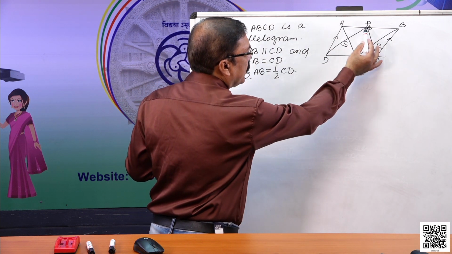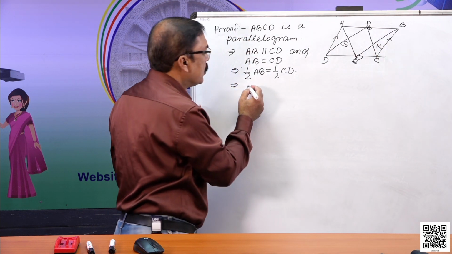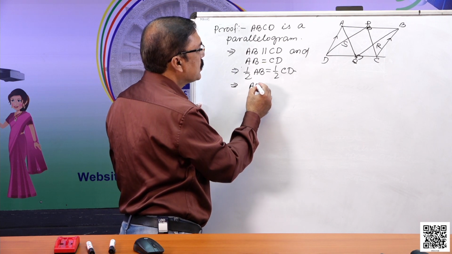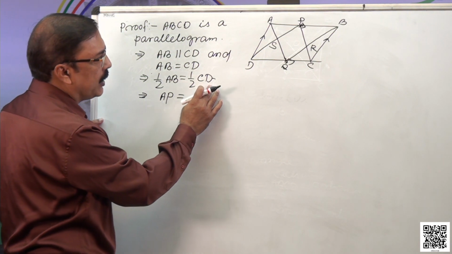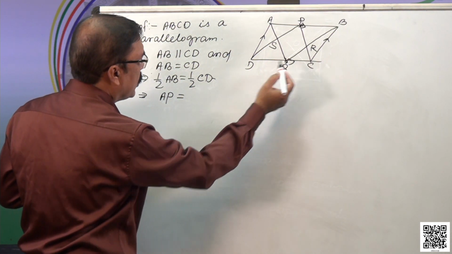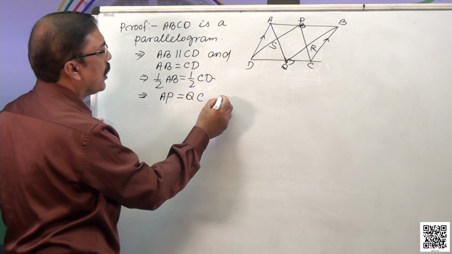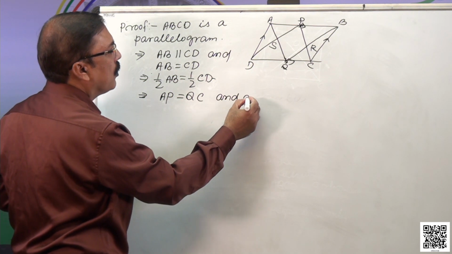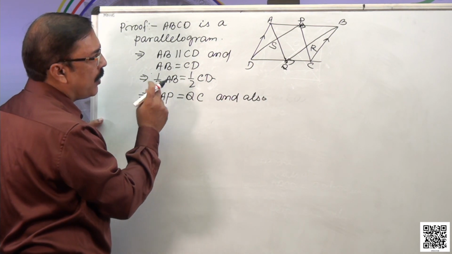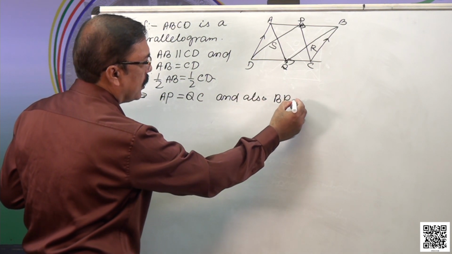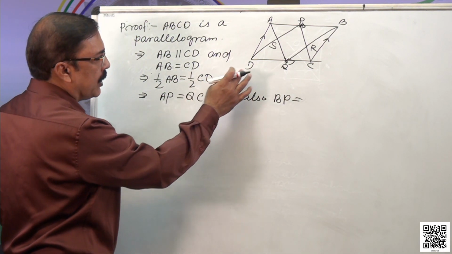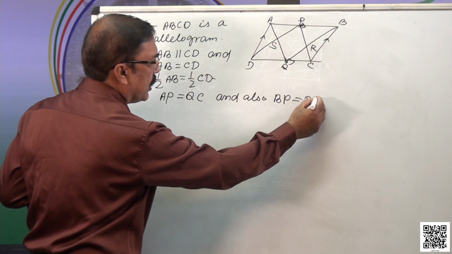Half of AB can be AP or BP. So in one place we can say AP is equal to half of CD, which can be written as QC, and also half of AB can be written as BP, and half of CD can also be written as DQ.